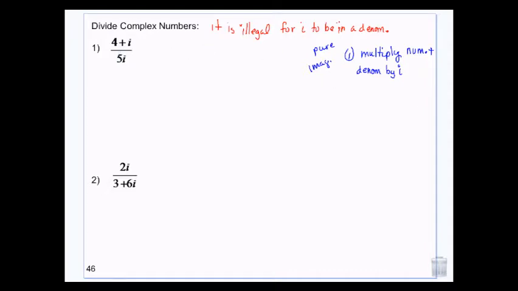So if I multiply both the numerator and the denominator by i, what happens is I'm going to distribute that i to the numerator, and I'm going to get 4i plus i squared. And the denominator, I'm going to get 5i squared. Well, i squared is -1. So I get 4i minus 1 over -5.